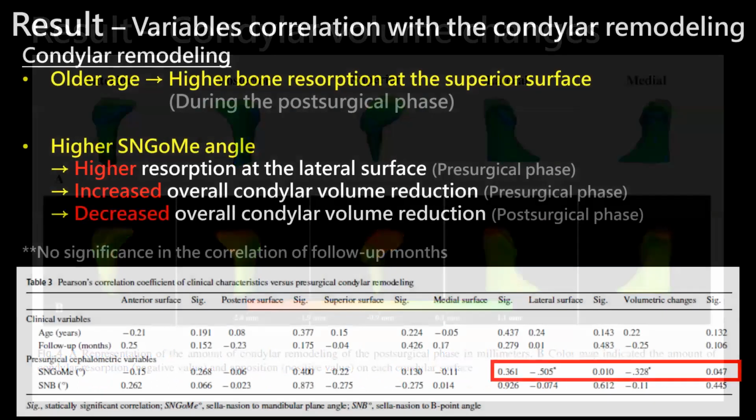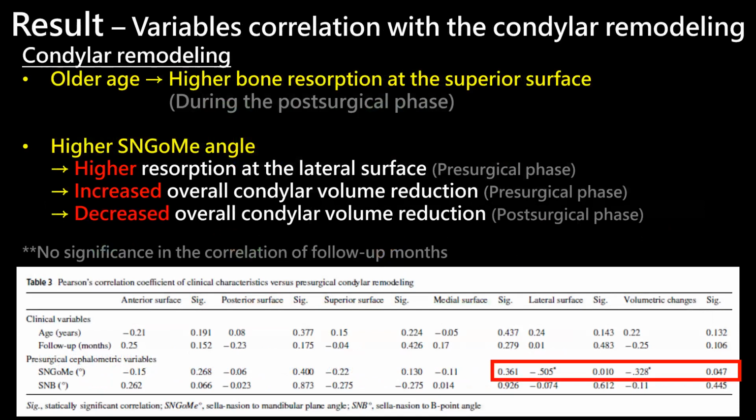So for condyle remodeling, the authors have found that older age will show higher bone reabsorption at the superior surface. As you can see, in the previous 3D simulation, there was more red color in the superior part.